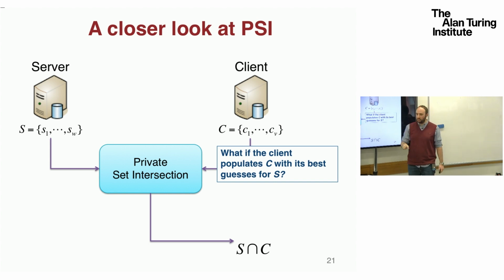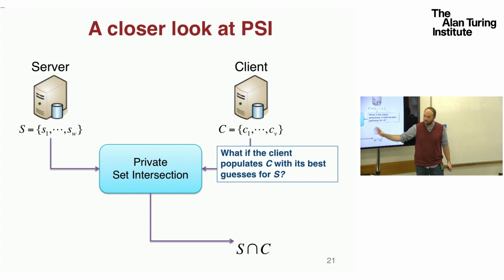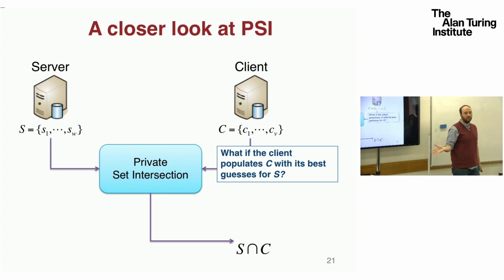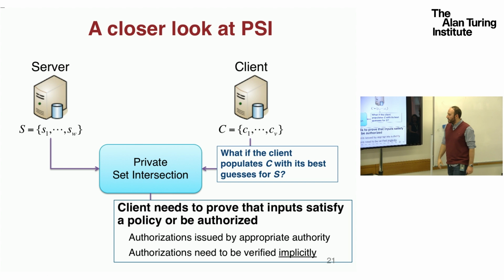Obviously, the intersection of the universe with any set is that set. The security property guarantees that nothing besides the intersection is disclosed, but what about the intersection itself?